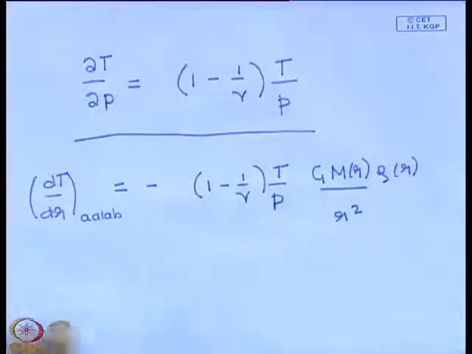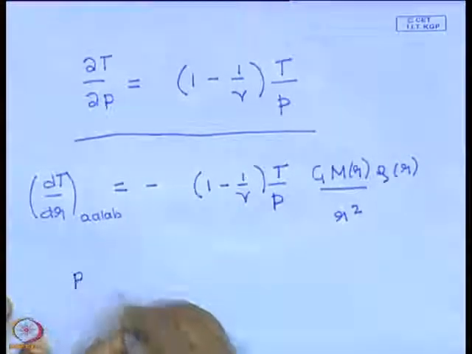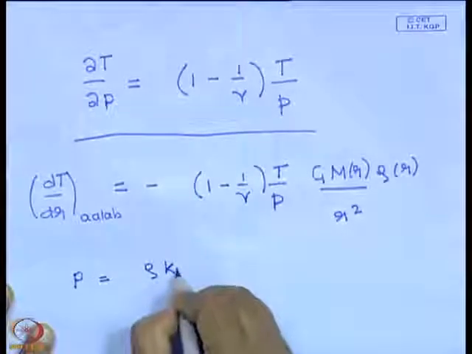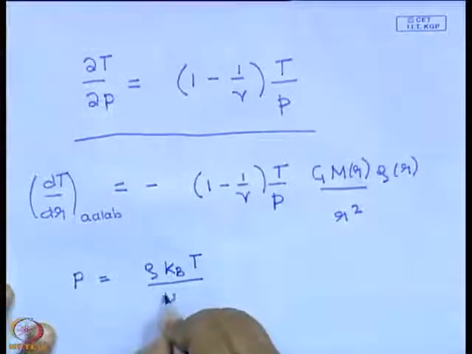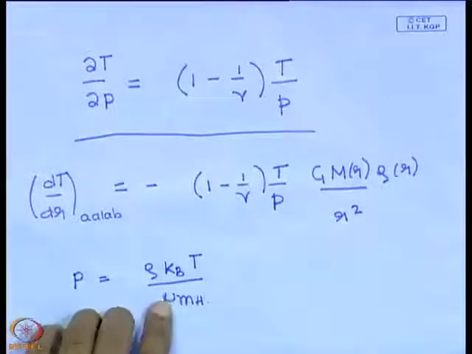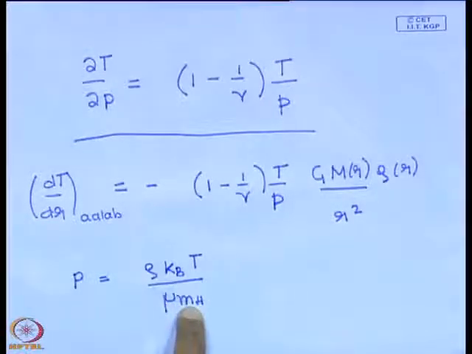Okay, and we also know that P is equal to rho k_B T divided by the average atomic weight divided by the mass of one hydrogen atom.